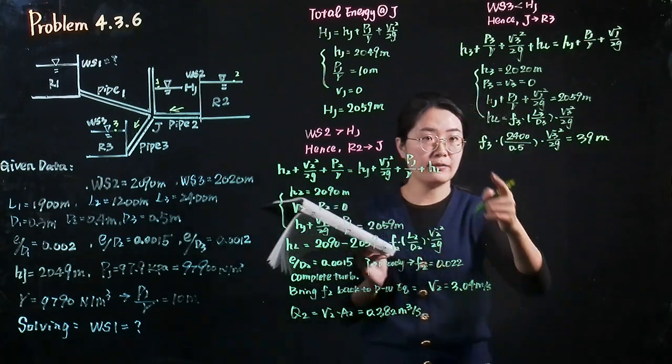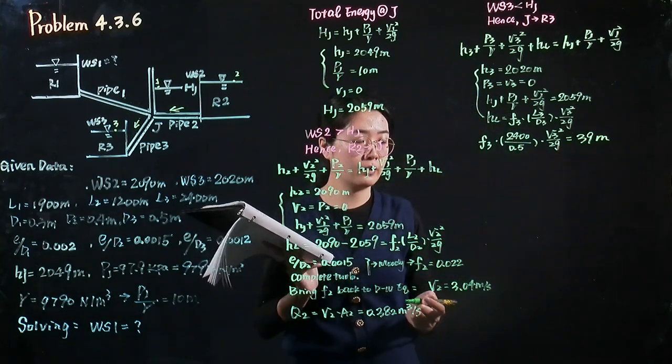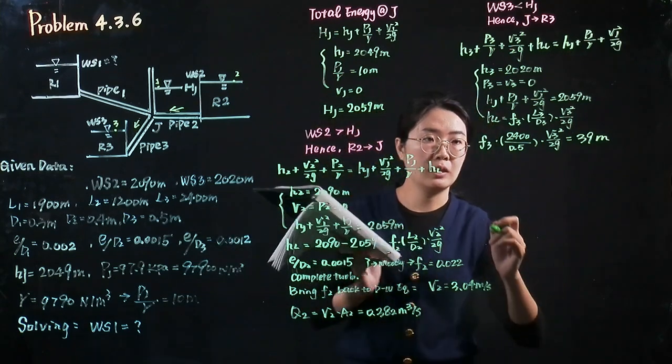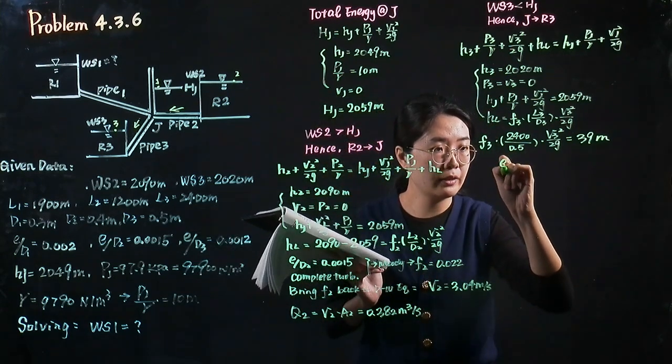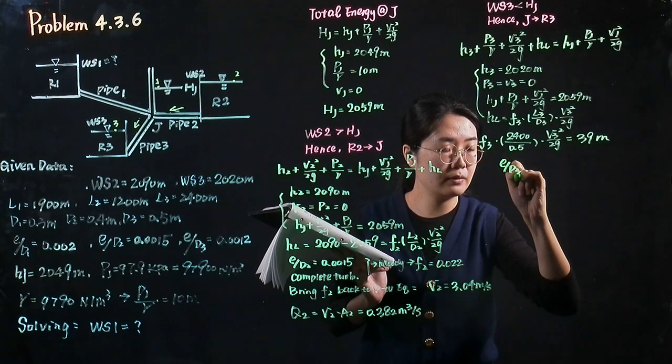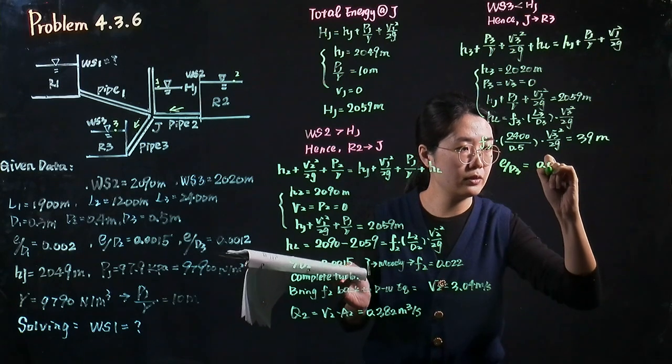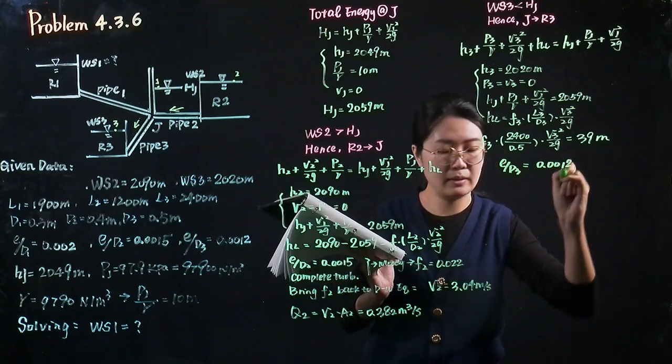In this question, we have two unknowns. For determining the friction factor, we already know the relative roughness. It equals 0.0012.